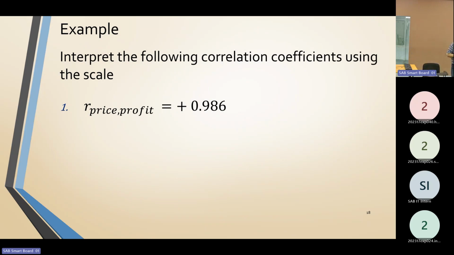Interpret the following correlation coefficients using the scale. This is the same value we calculated: R value between price and profit, plus 0.986.